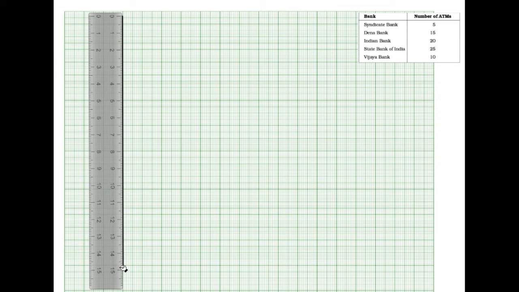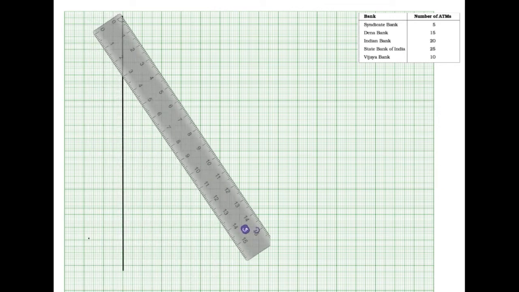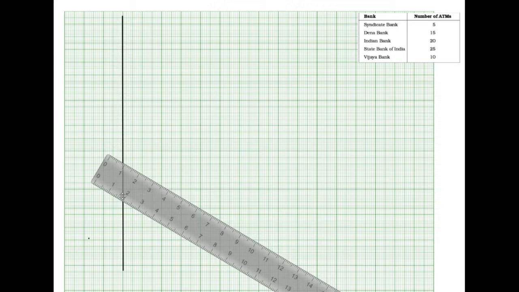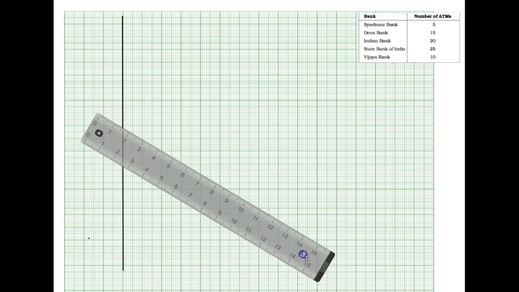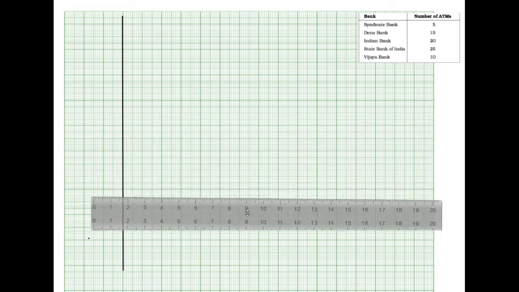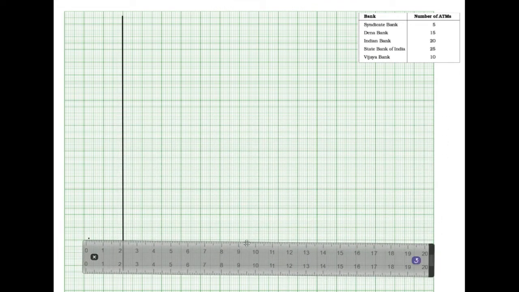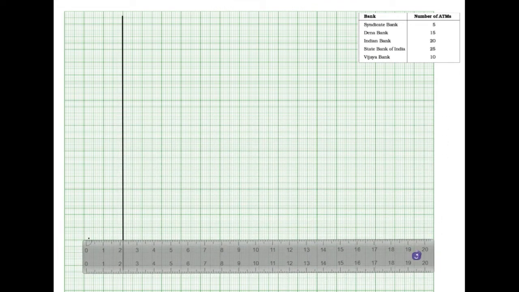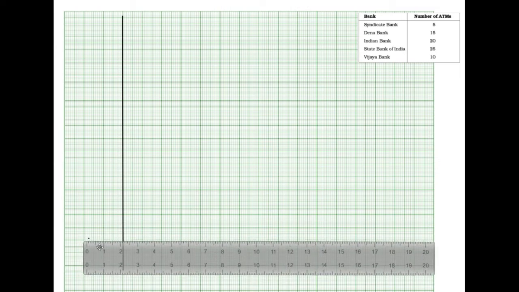Here I have taken a vertical axis. Now I'll take up a horizontal axis. On the horizontal axis, I'm going to write the name of the banks.